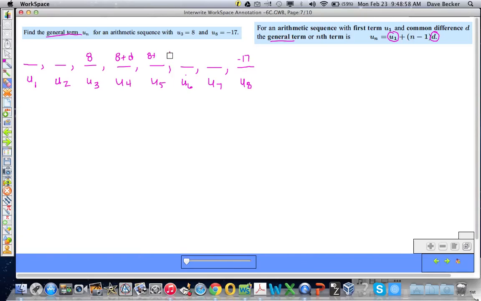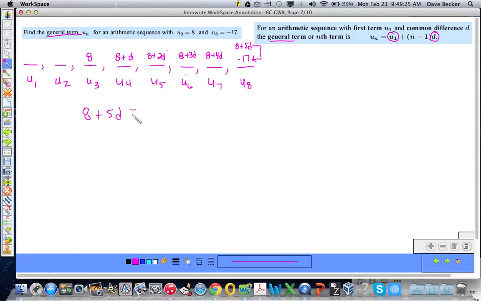We're going to write it as 8 plus 2d. And by the same reasoning, this is 8 plus 3d. This is 8 plus 4d. All I'm doing is continuing to add a d to each term, which means u sub 8 must be 8 plus 5d.